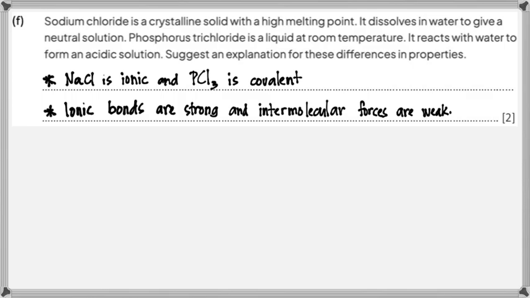We can also say that based on the problem, sodium chloride is a crystalline solid with a high melting point, and sodium chloride can be dissolved in water, while phosphorus trichloride is a liquid at room temperature.